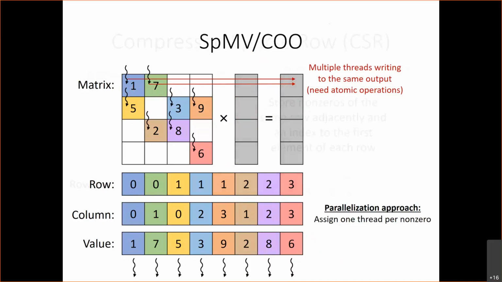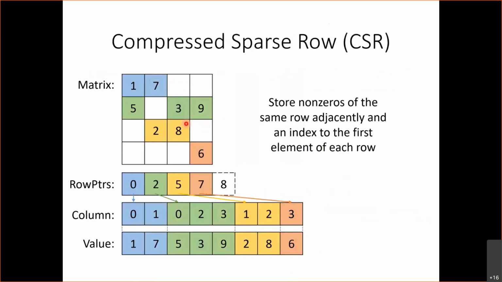Another format was the CSR format, where we do have the values and the columns, but they're grouped according to rows. Rather than having the row indices, we actually have a row pointer, which is basically an index into these column and value arrays that tells us where the elements of a particular row start.